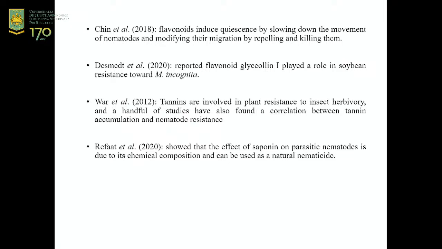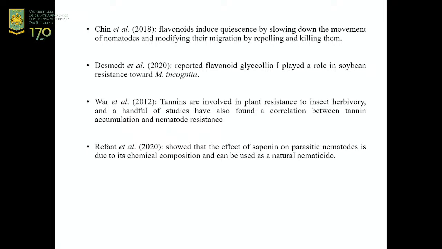Desmond 2020 reported that flavonoids played a very important role in soybean resistance towards Meloidogyne incognita. Tannins have been reported to be involved in plant resistance to insect herbivory, and there is also a report on the correlation between tannin accumulation and nematode resistance, which shows that the presence of tannins in plants does contribute towards nematode resistance.